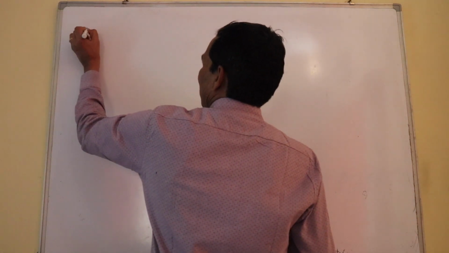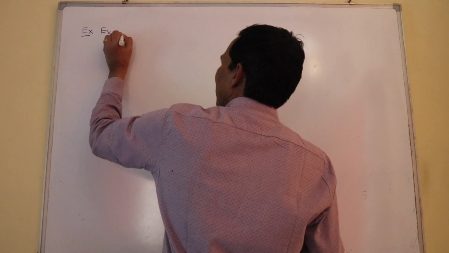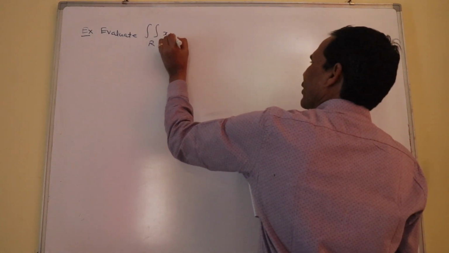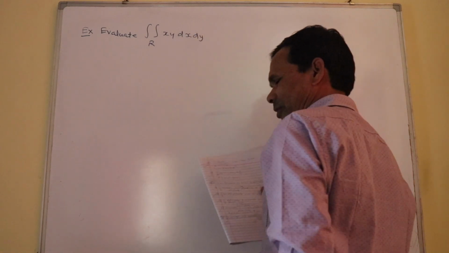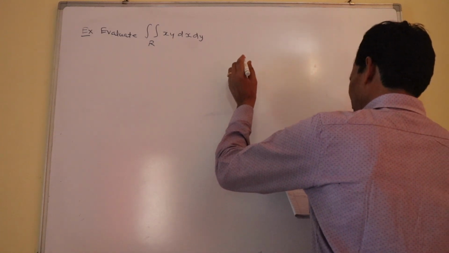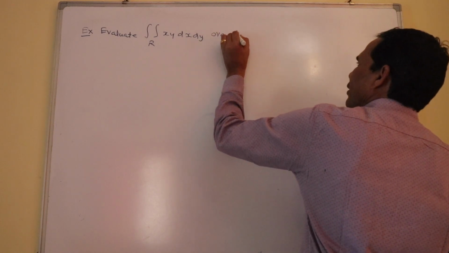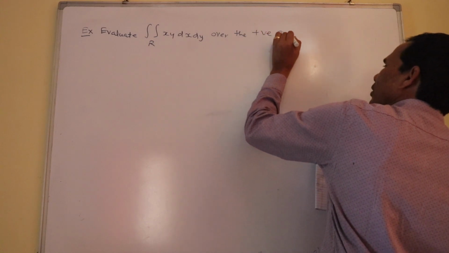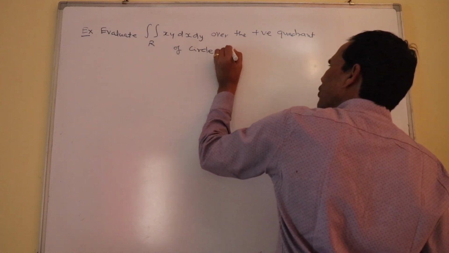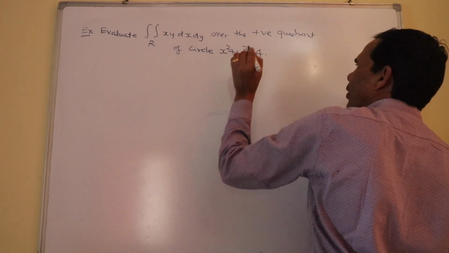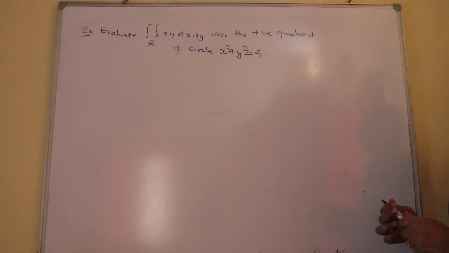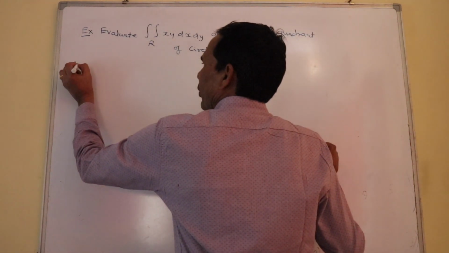Evaluate, first example, the double integral of xy dx dy over the positive quadrant of the circle x square plus y square is equal to 4, by transforming into polar coordinates.